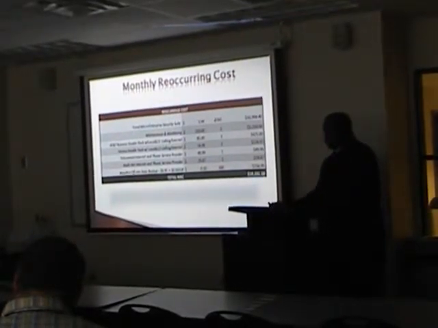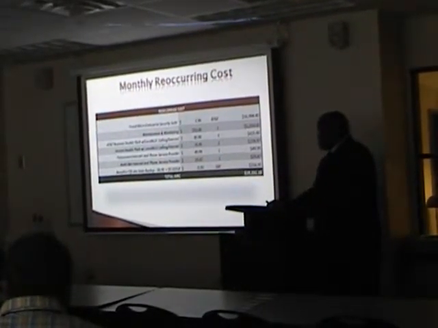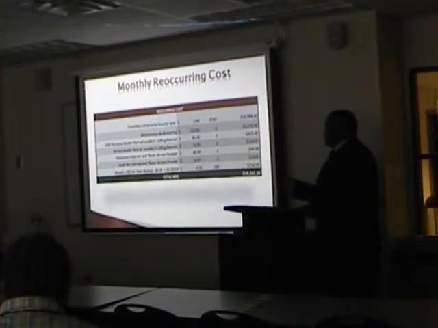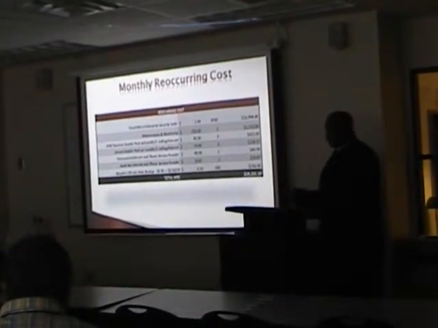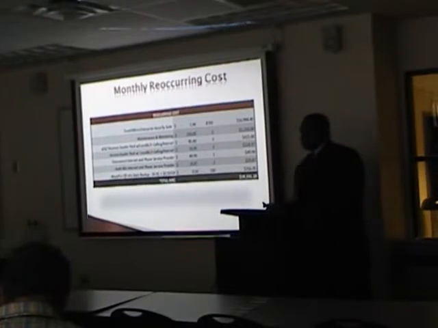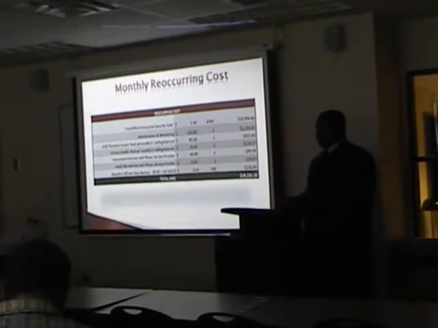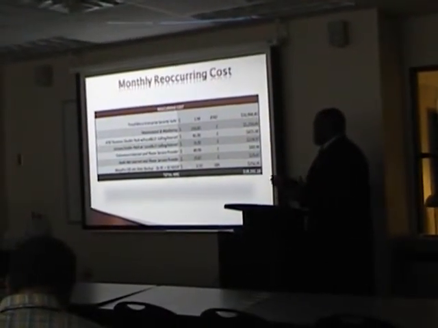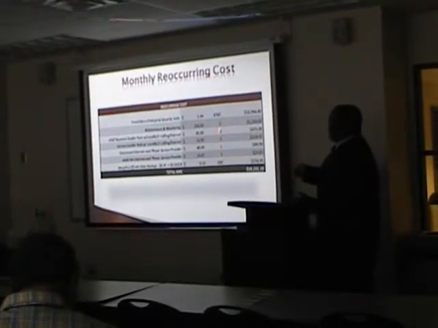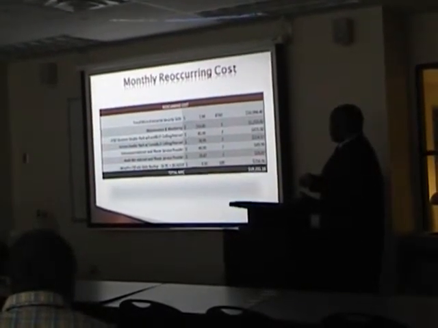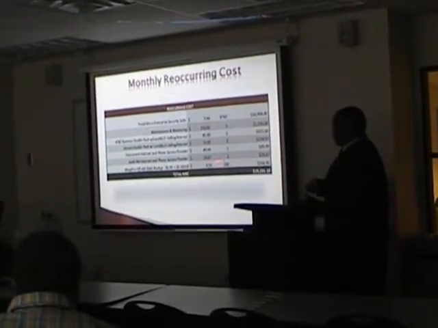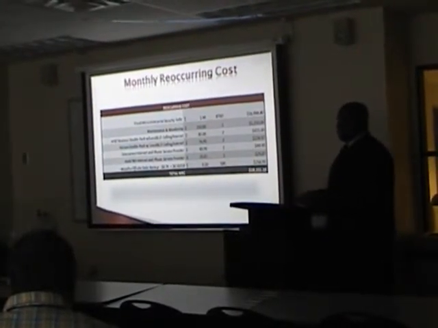Is that $1.94 per computer? Yes, 8,000 computers. Each one is paid for. Thanks for explaining that, because I was confused.